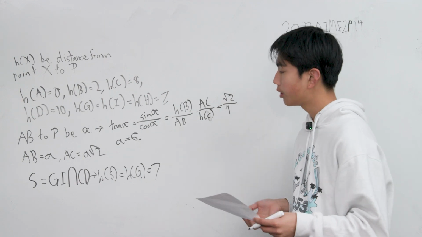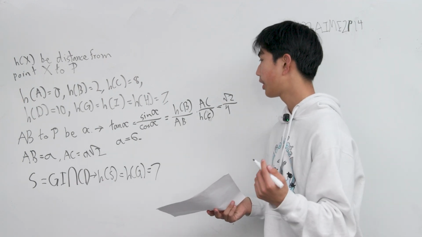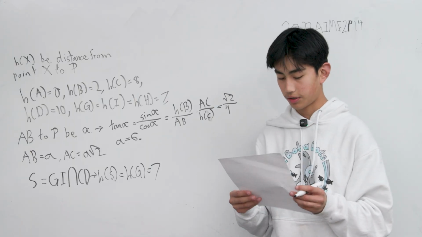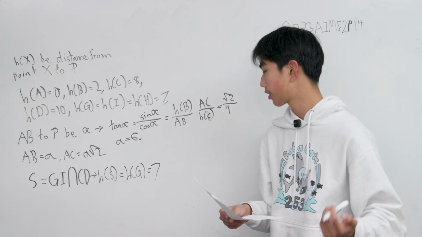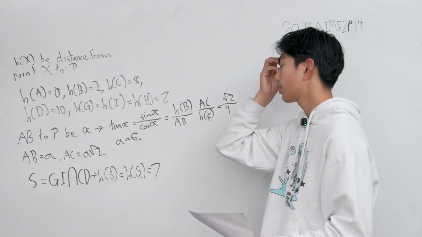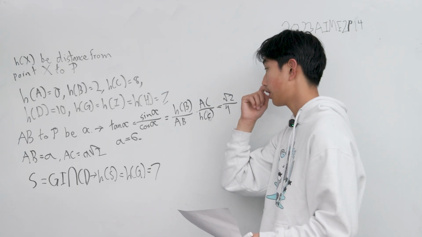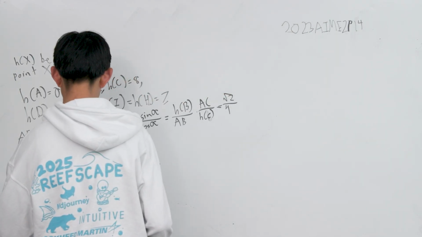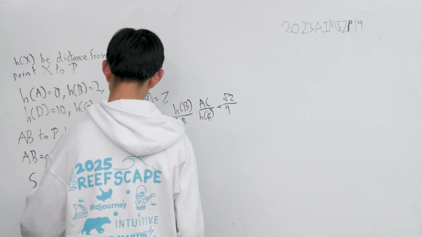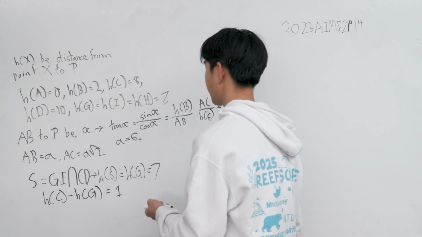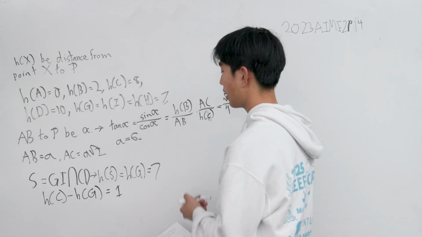So what we can do now is start using these values and working with them, because we have the points listed out with their actual values. So we can do h of C minus h of G. This is obviously 1 because we have their values, 7 and 8.